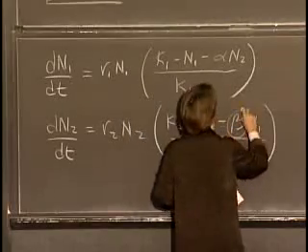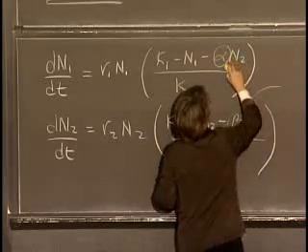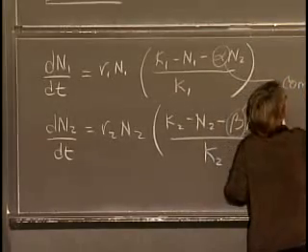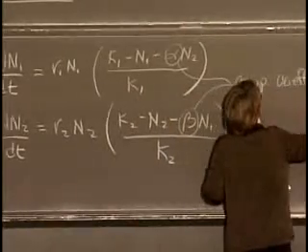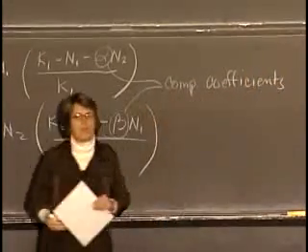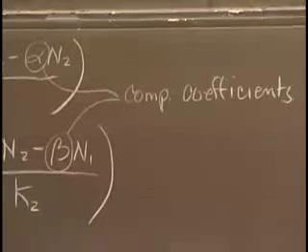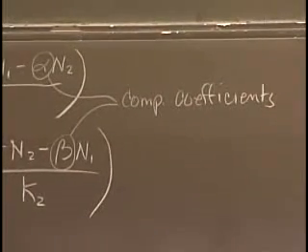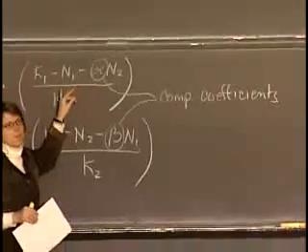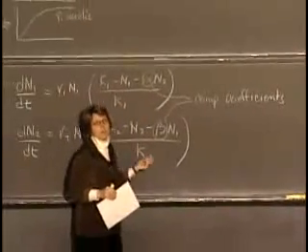And the values of these are called competition coefficients. If you can actually do experiments and put values on these, they're a measure of how strong a competitor each of these species is with respect to the other one.